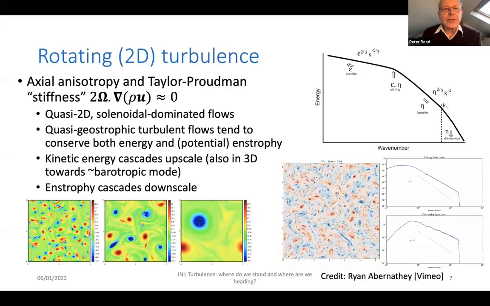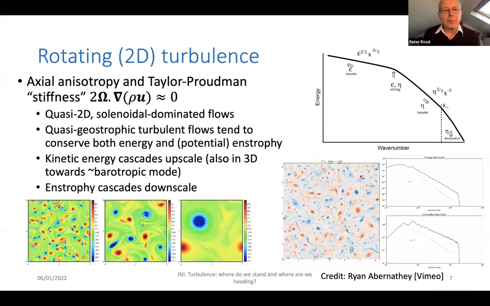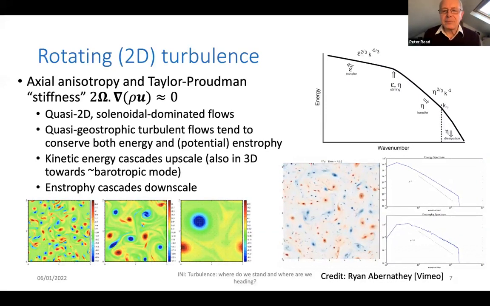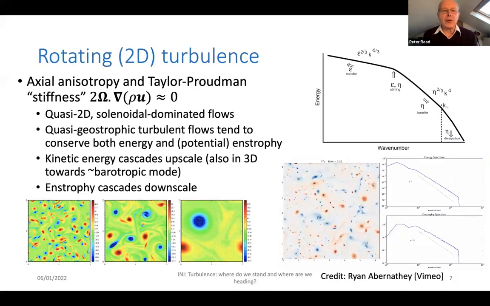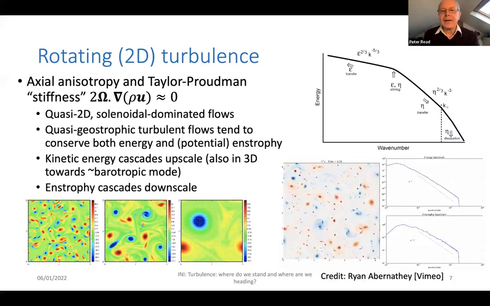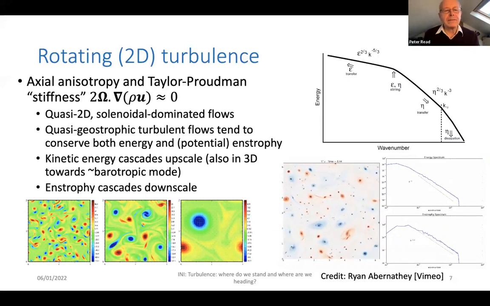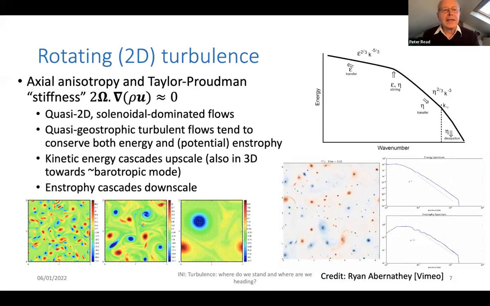So just to start from something very simple and familiar, it's very often stated rather glibly that the large-scale turbulence in atmospheres has features in common with rotating or 2D turbulence.